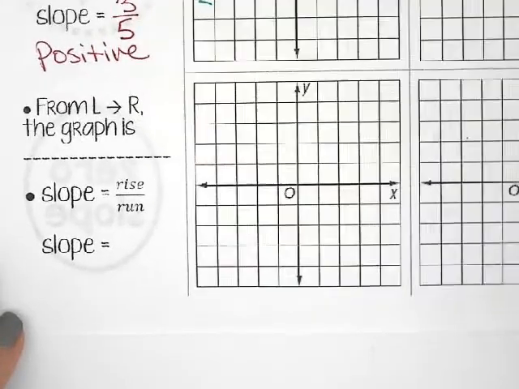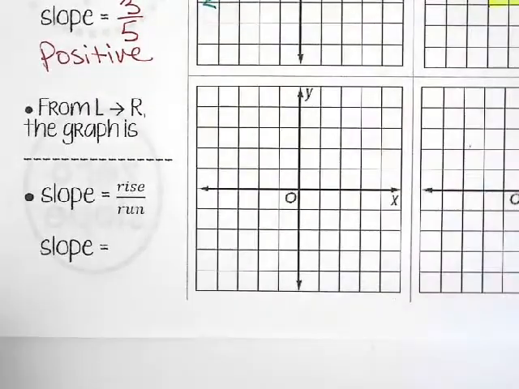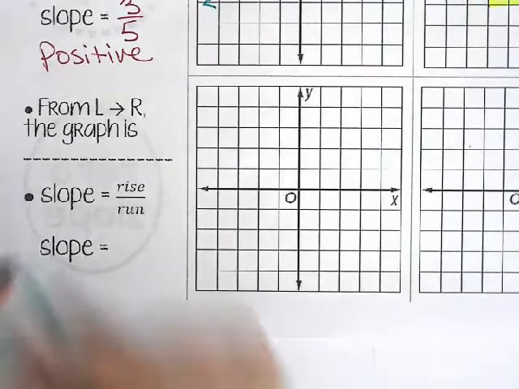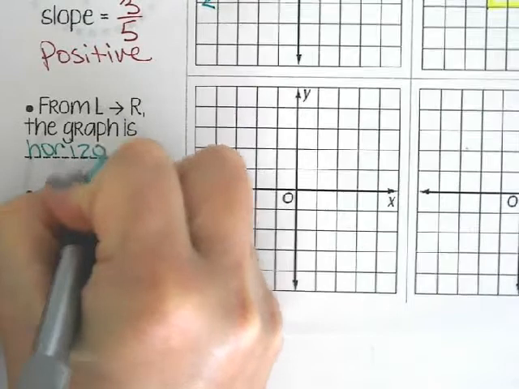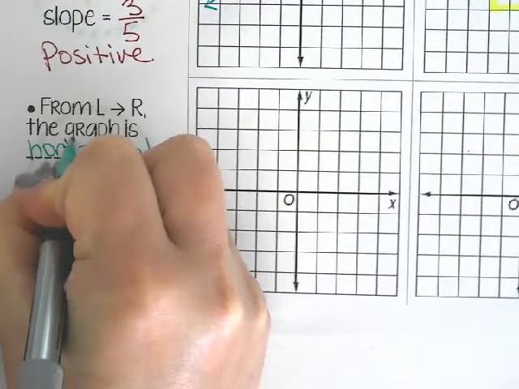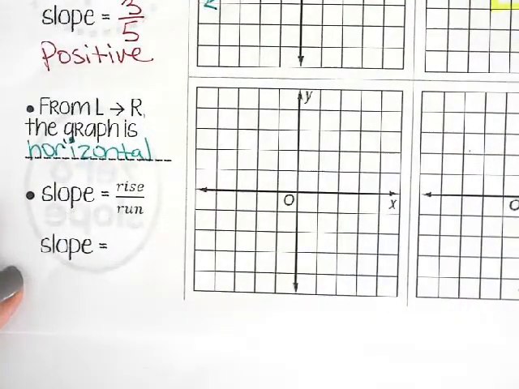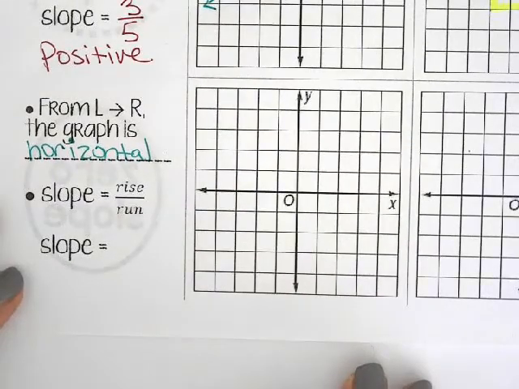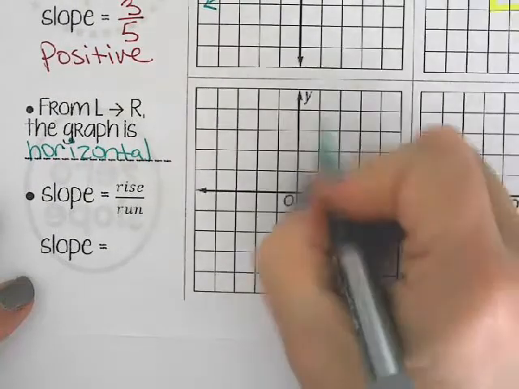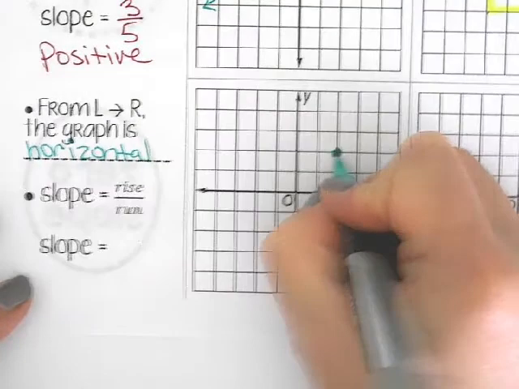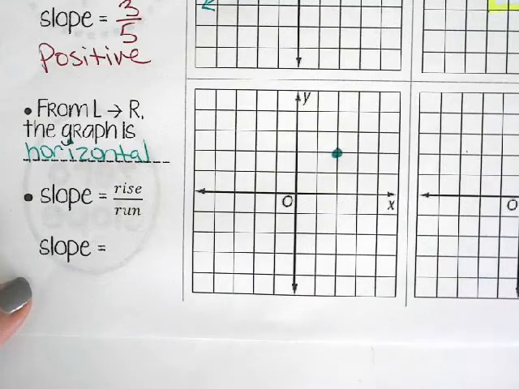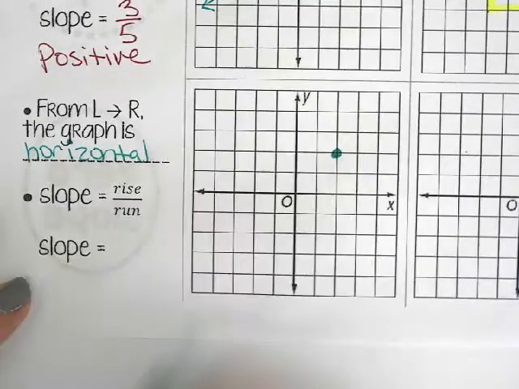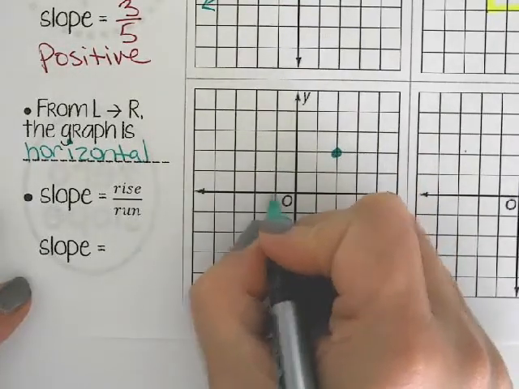Moving on to the bottom section. From left to right, the graph is horizontal. My 2 points are going to be 2, 2, so I'm going to go to the right 2, up 2. And then my other point is -3, 2. So I'm going to go to the left 3, 1, 2, 3, up 2.